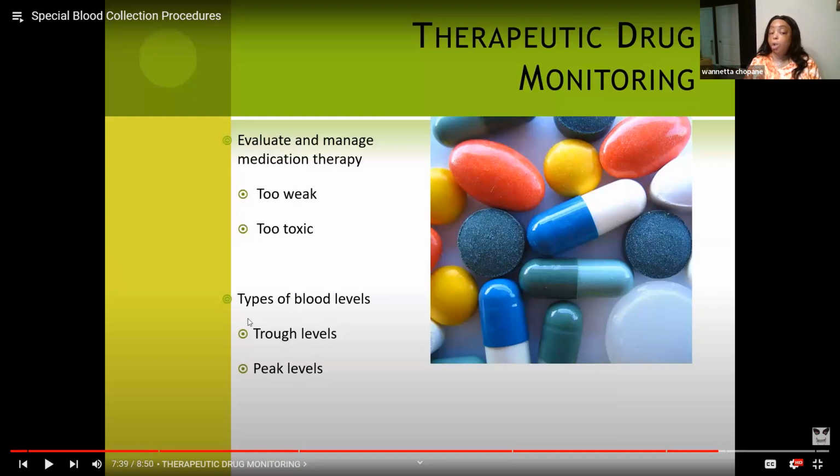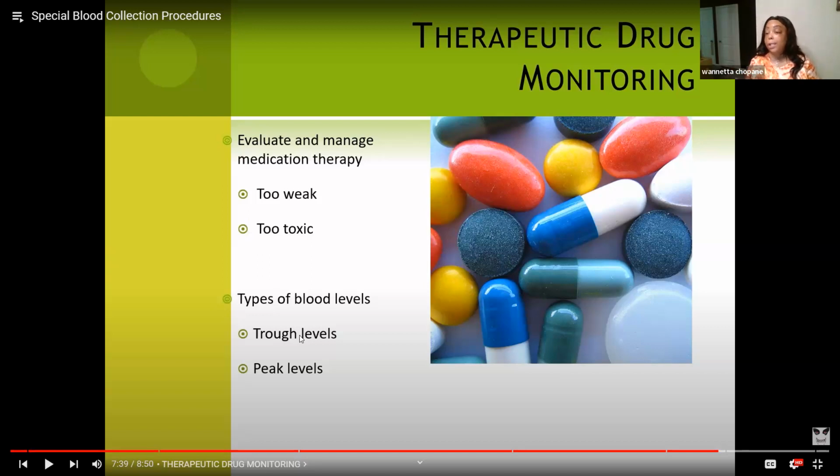A trough level is done before the patient takes his medication. So if you're writing down trough level, write "too weak" alongside it, because that'll help you remember that a trough level is taken before the patient takes his medication.